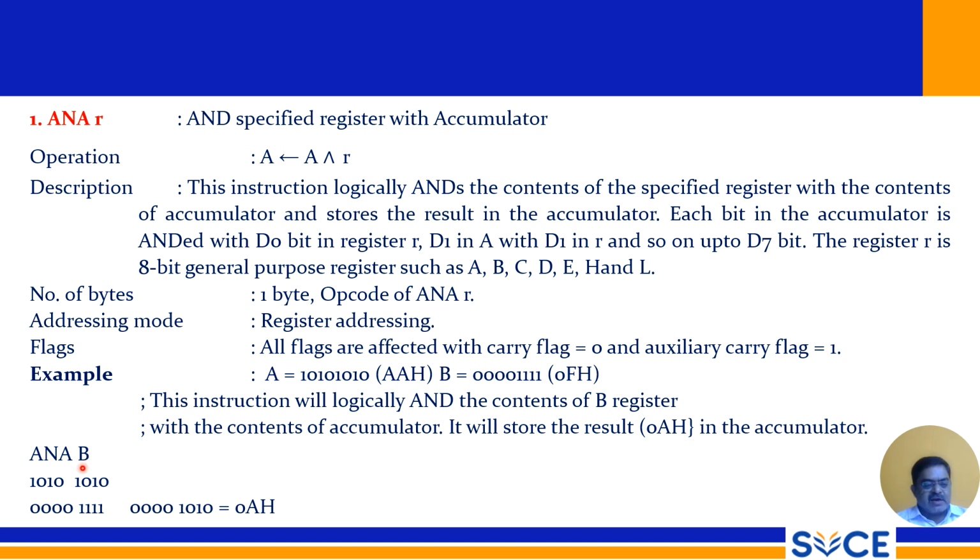After ANDing, 1 0 equal to 0 and 0 0 equal to 0, 1 0 equal to 0 and 0 0 equal to 0. So 1 1 is 1, 0 1 is 0, 1 1 is 1 and 0 1 is 0. So that is the AND operation. It is 0AH, and after the AND operation the 0AH will be stored in accumulator itself.